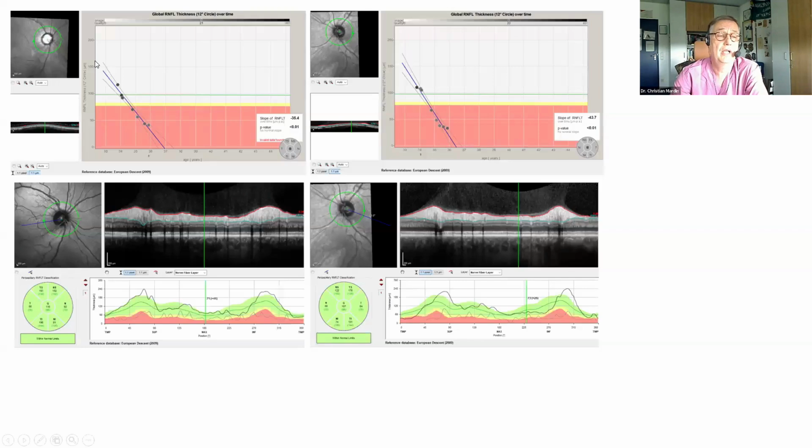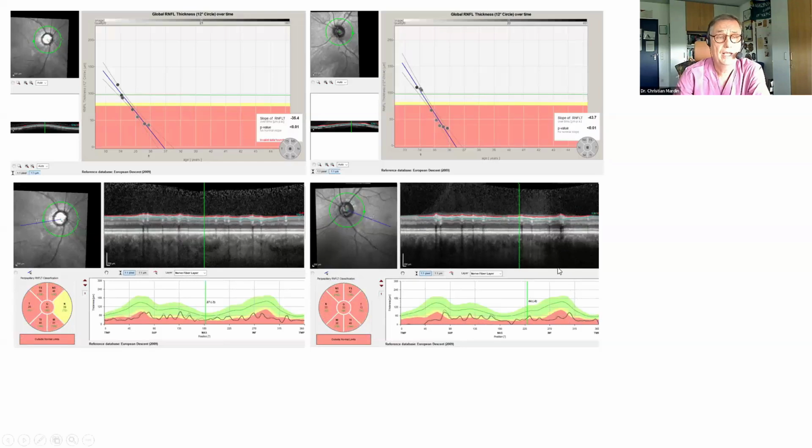And here you encounter a rapid loss of nerve fiber layer thickness with your OCT over time. And then you have to think about Leber's disease or some very aggressive inflammatory disease. At the end, the patient lost a lot of nerve fibers and visual field.